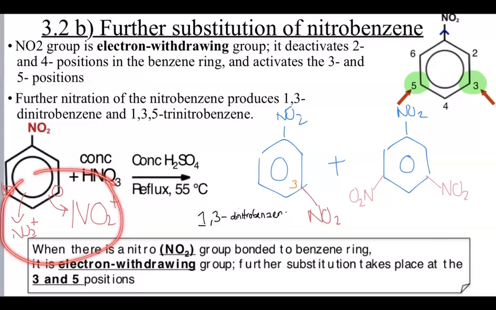So you can draw the arrow here or the arrow here. Don't draw it like this. Don't use one position and then suddenly put the NO2 at the bottom. My cursor is not responsive.